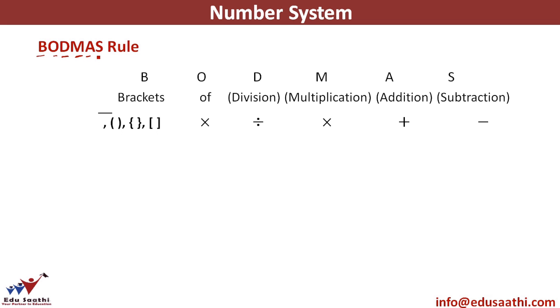So if a certain expression is given to me, and in order to solve that, I will first open up the brackets followed by division, multiplication, addition and subtraction. I will always do the stuff in this order. I will not do addition and subtraction first and then multiplication. I will always divide and multiply first, then move ahead and proceed with addition and subtraction.